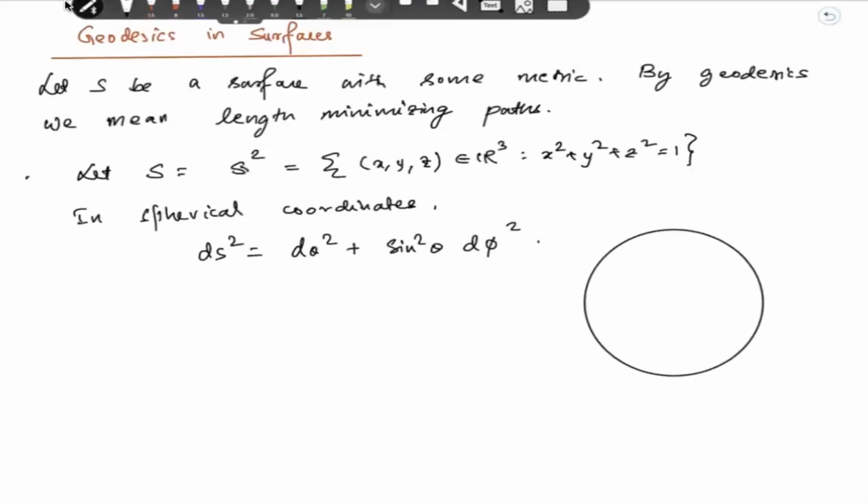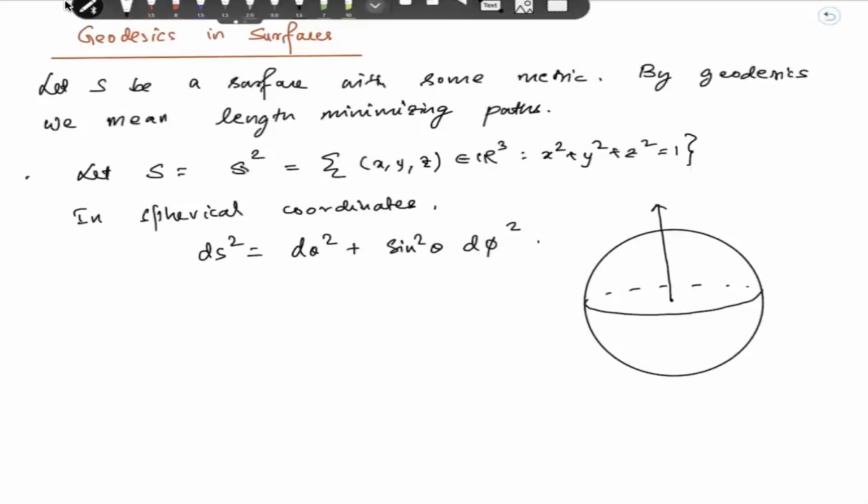This is my sphere. First, let us take 2 points on this meridian circle. What is this meridian circle?